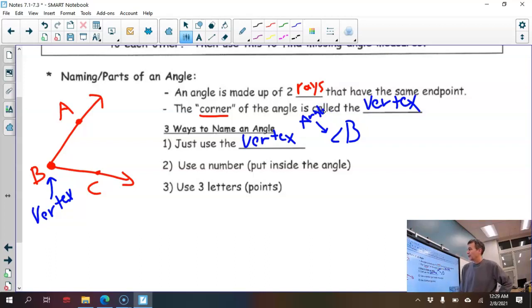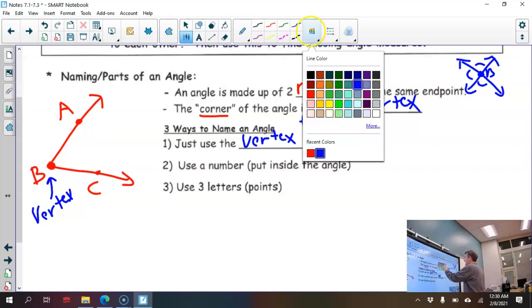However, it doesn't always work. If you have more than one angle at point B, I can't just call one of them angle B because I wouldn't know if that's this angle or this angle or this angle. So using the vertex is nice as long as there's only one angle.